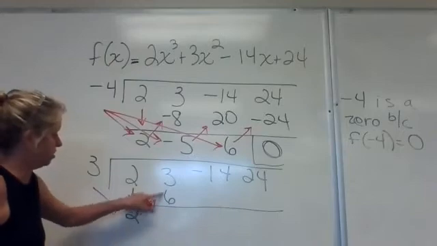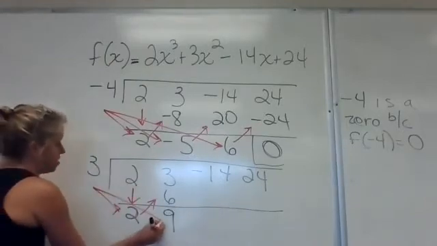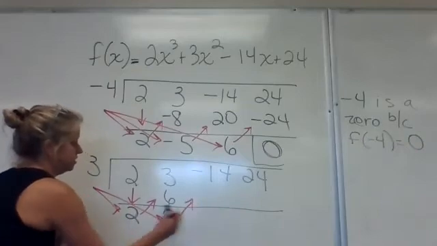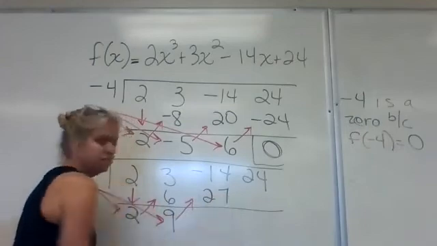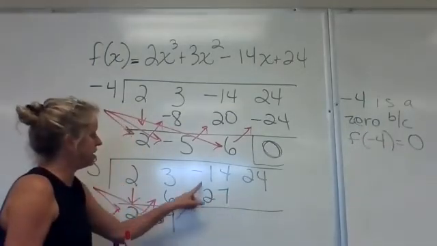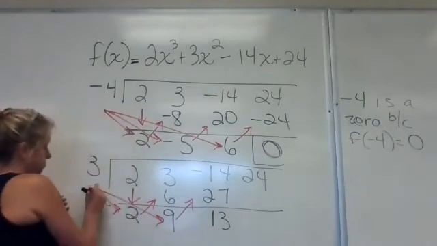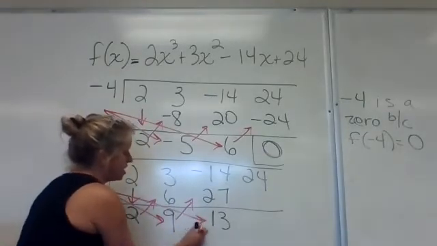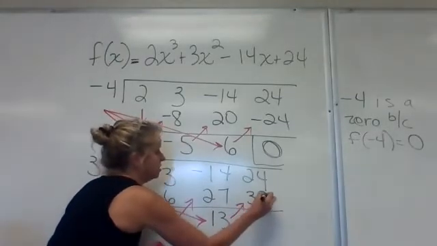I'll combine that with the +3 to get 9. So now I have 3 times 9. 3 times 9 gives me 27. When I combine this with the -14, I get 13. And 3 times 13 gives me +39.